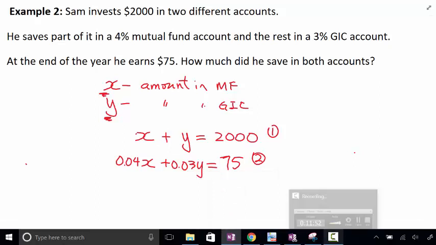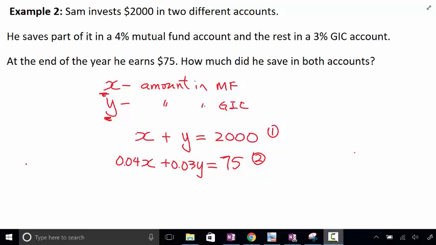Now, remember how we did the top question. We had the value of y, and we also had the value of y for another one. However, in this one, the problem is I do not have the value of y, nor do I have the value of x. So what I want to do is figure out the value of y or the value of x.